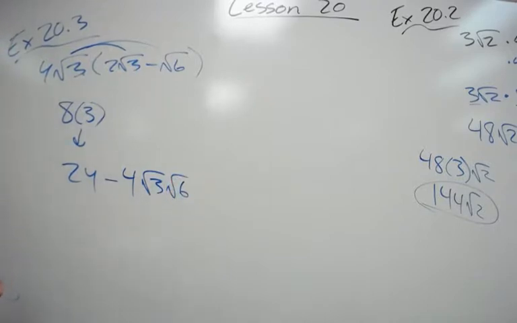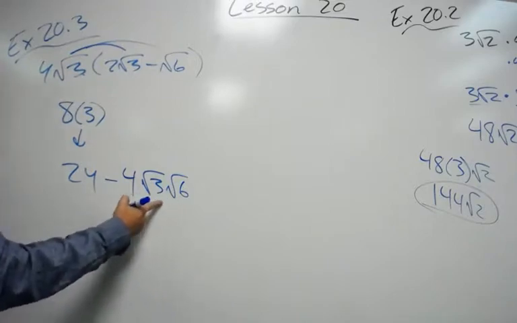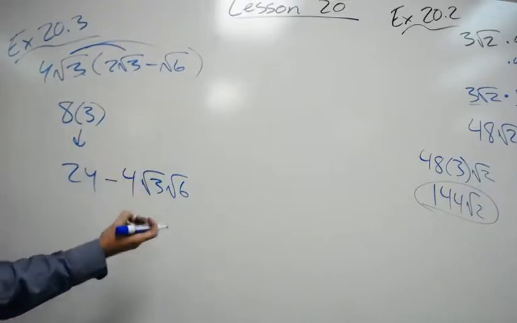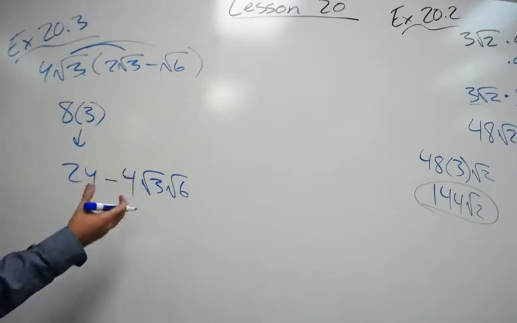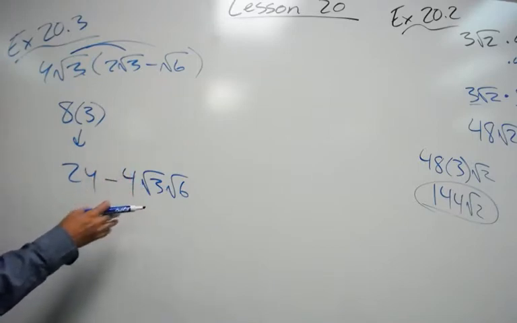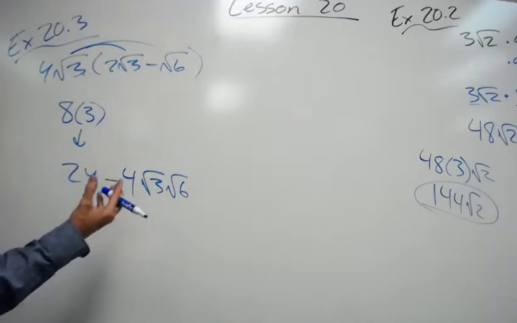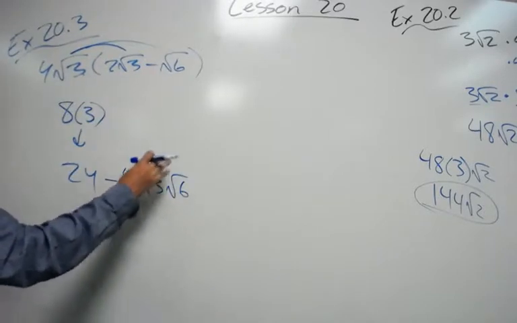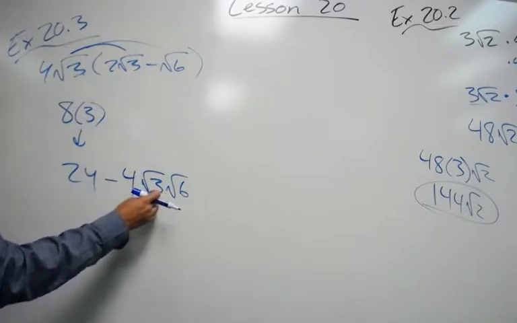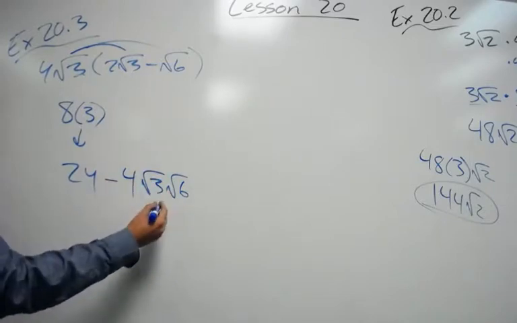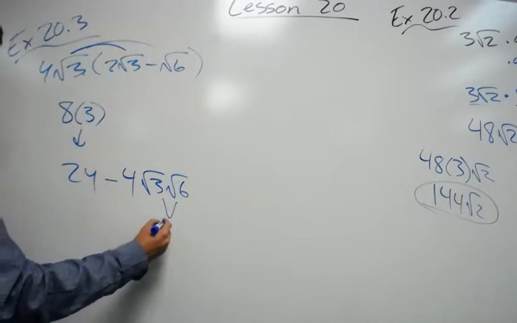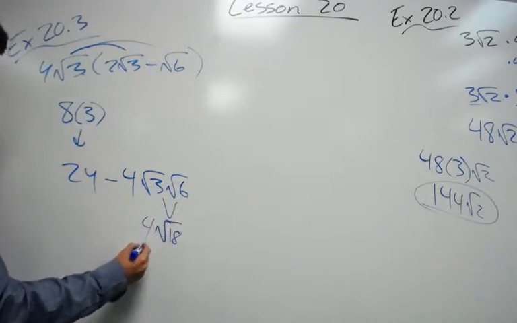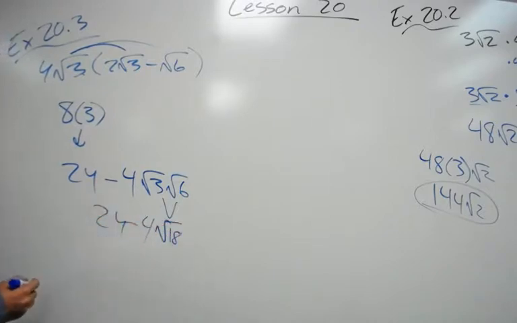Now, if we multiply these, this is not simplified. Your lowest simplified radical would be the number. This has two radicals. We want everything under one sign. So radical 3 times radical 6 is radical 18, because 3 times 6 is 18.